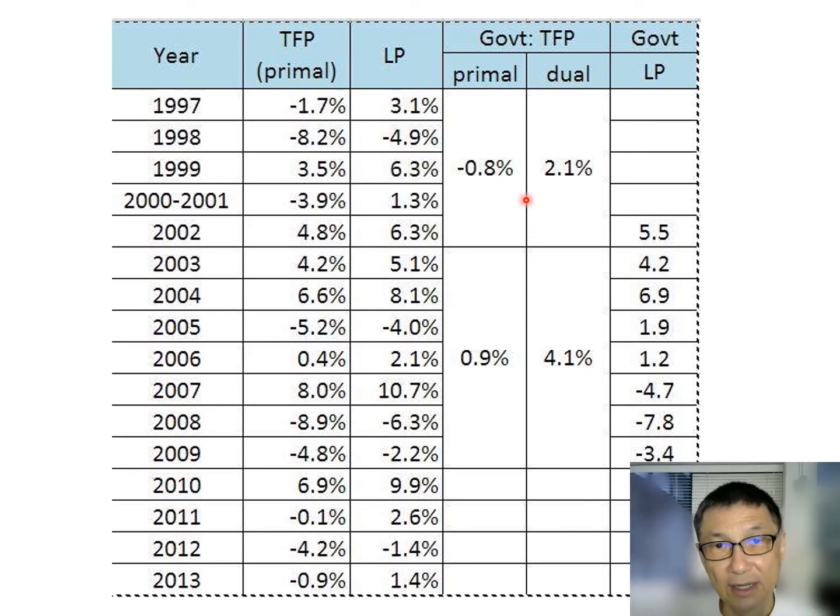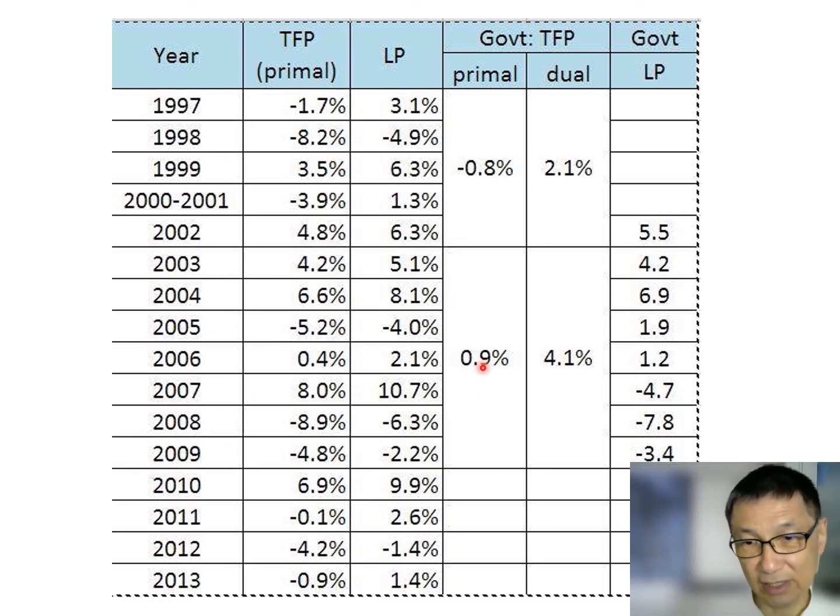Interestingly, you see that Singapore's economic performance using the dual method is much higher, much better looking than using the primal method. And this is, according to Chiang Tai-hsieh, who studied this very deeply, a major reason for this difference: distortions in the rental rate of capital, causing distortions in the measurement of capital.